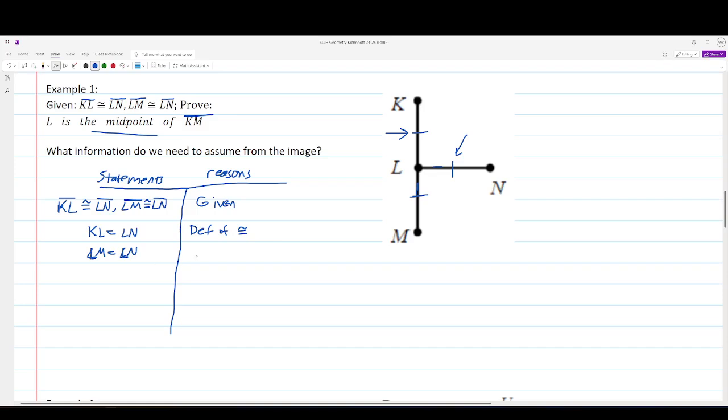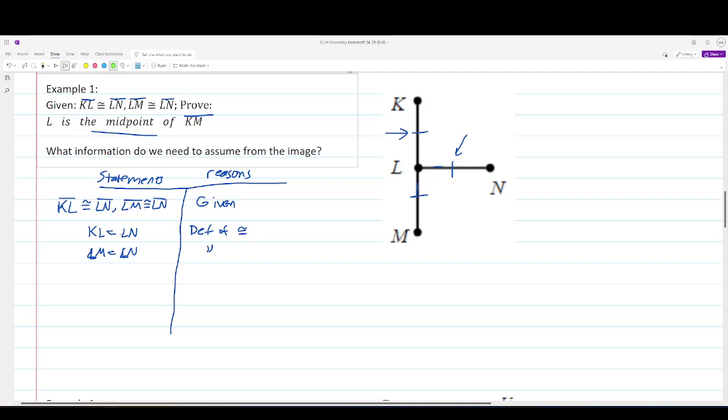Okay, LM equals LN, also by definition of congruence. I'm going to use this quote symbol, we call that a ditto mark, to just mean that I repeated the same reason as the previous step. It's also totally fine if you want to write out definition of congruent segments again, but it's quicker to write a quote mark.